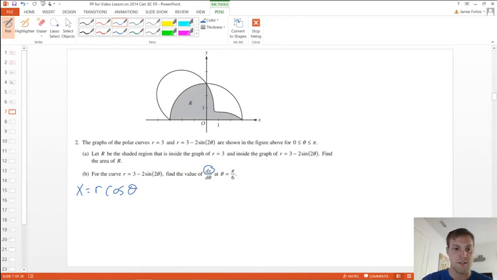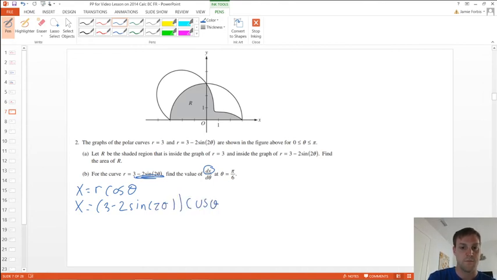And if I want to relate this to my r function, I'm just going to plug that in for r. So I know that x equals 3 minus 2 sine of 2 theta times cosine of theta. So that's how I relate x and theta in this case. And then now simply all I have to do is take the derivative and plug in pi over 6.